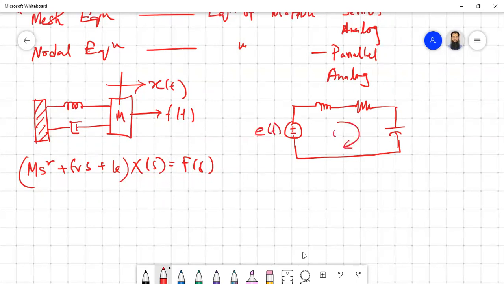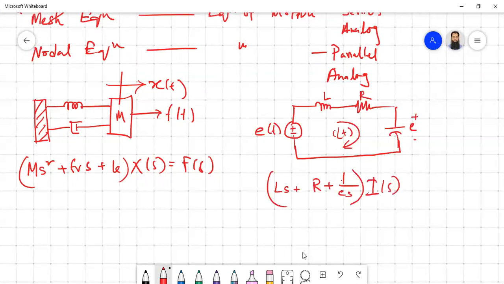The current is i(t). This is your L, R, and then you have C. Now, if we try to write the equation for this one, what will be our equation? The impedance (Ls + R + 1/Cs) I(s) should be equal to E(s).